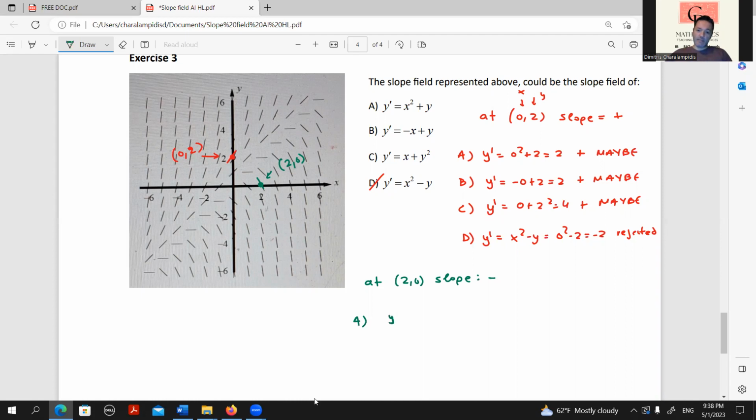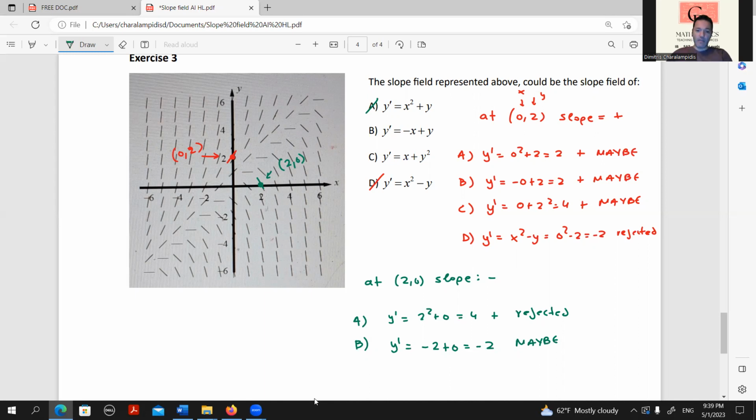A now gets 2 squared plus 0, which is 4, which is positive. Therefore, it has to be rejected because we can see from the slope field that it should have been negative. So A is rejected.